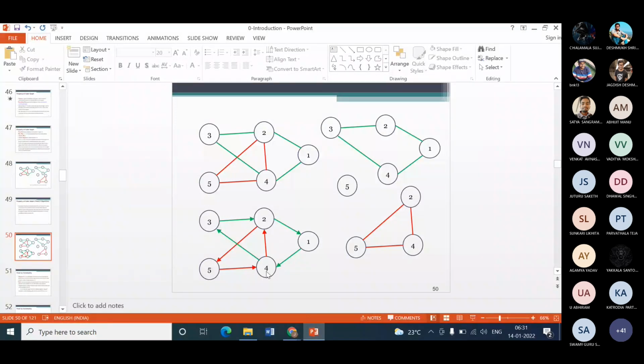From 5 you go to 4, then you find a green cycle. So you go 4 to 3, 3 to 2, 2 to 1, 1 to 4, then you go to 2, then come back to 5.